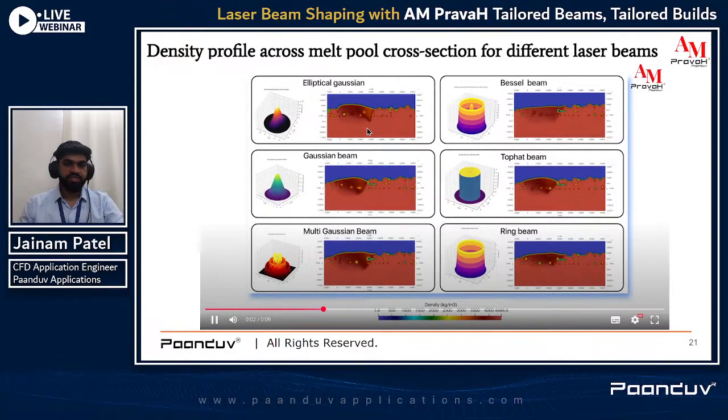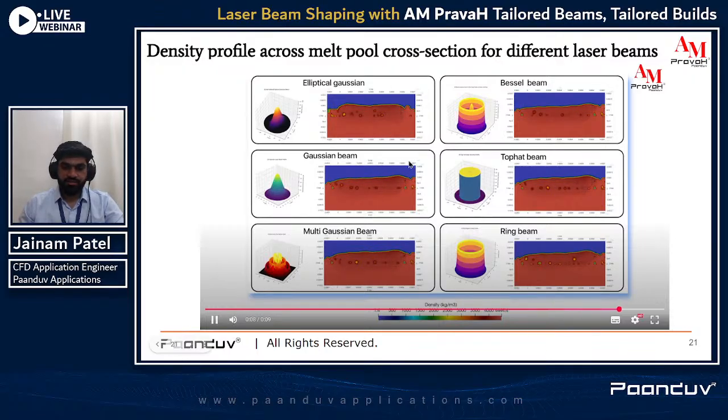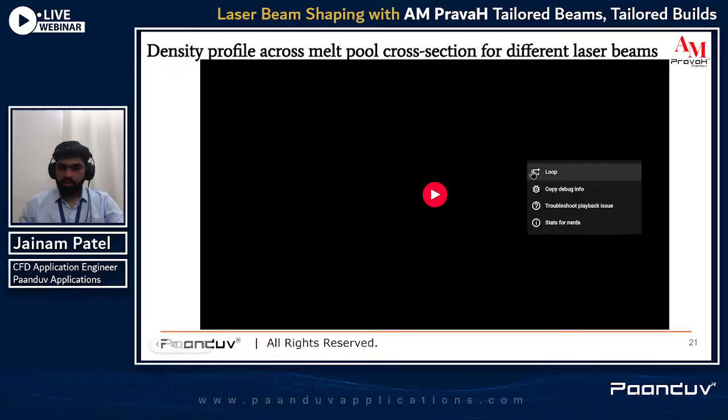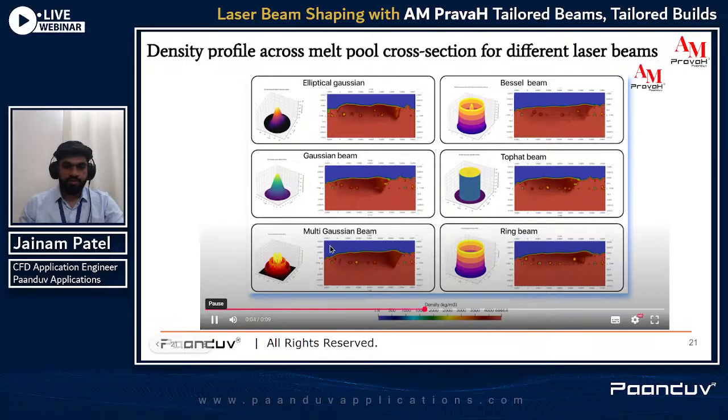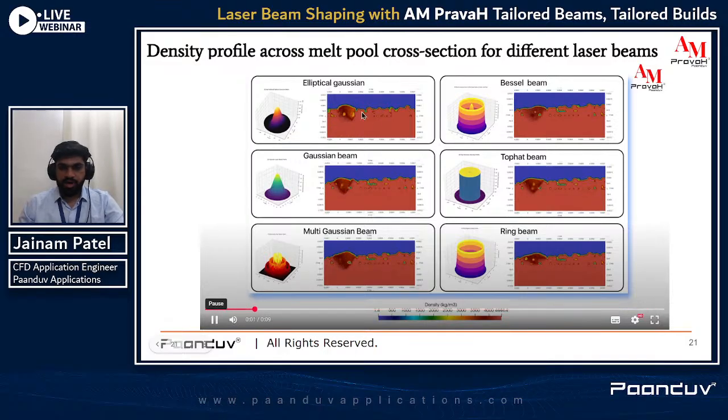So here is the density profile across the manifold cross section for the different laser beams. We can clearly see that the Gaussian beam, elliptical Gaussian, multi-Gaussian, and Bessel beams have very high depth, so they are removing the porosity, the gaps between the particles.